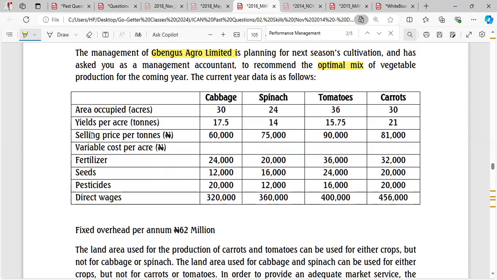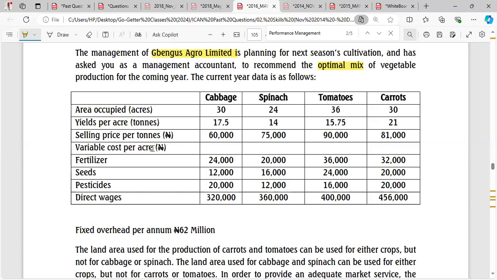Now you are given your selling price per ton, just like selling price per unit. So your tons is like your units. Now you are given your variable cost per acre.